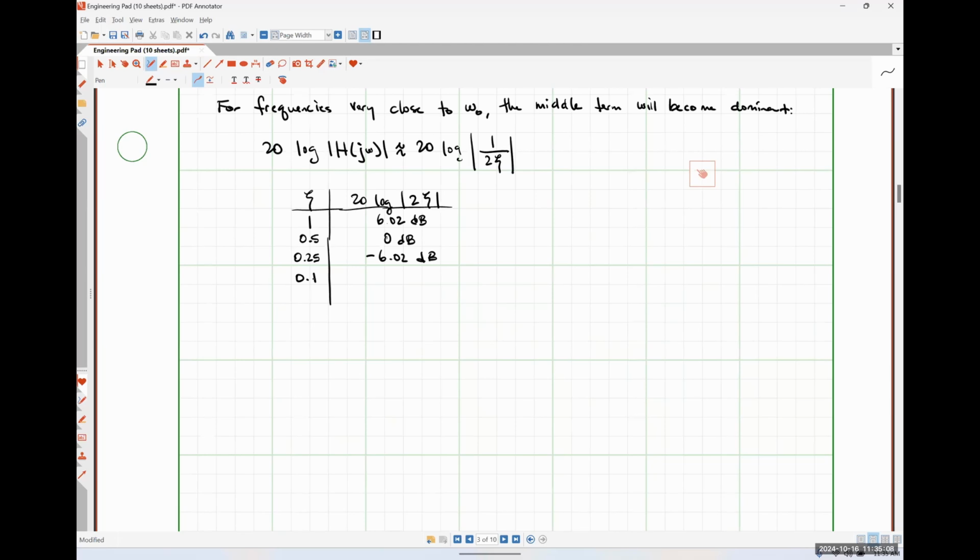So 20 times the log of 0.2, I get negative 13.979. For 0.05, I got negative 20 dB. And for 0.01, I got negative 33.979 dB.